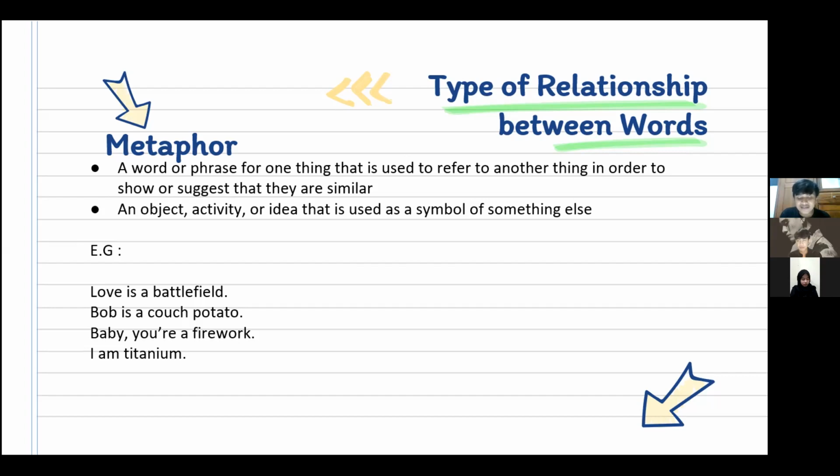For example, imagine what these metaphors would look like if you took them at face value: love is a butterfly, Bob is a couch potato, baby you are a firework, and I'm titanium.